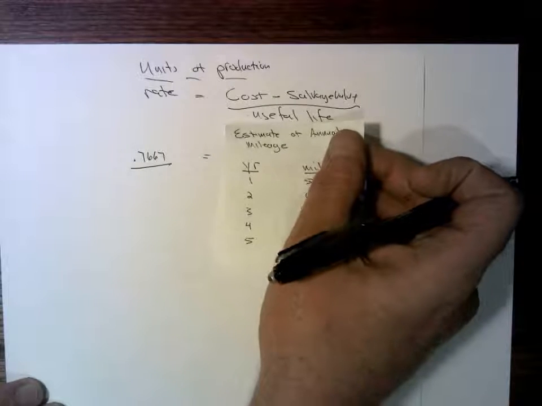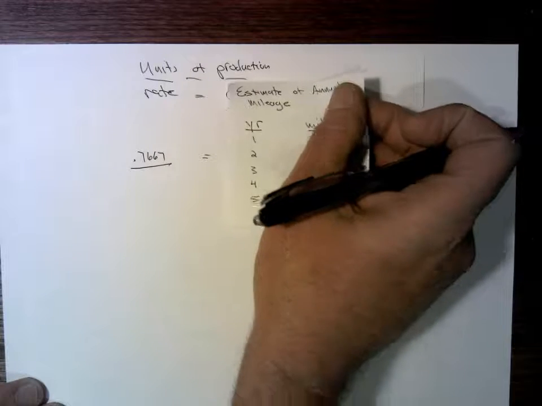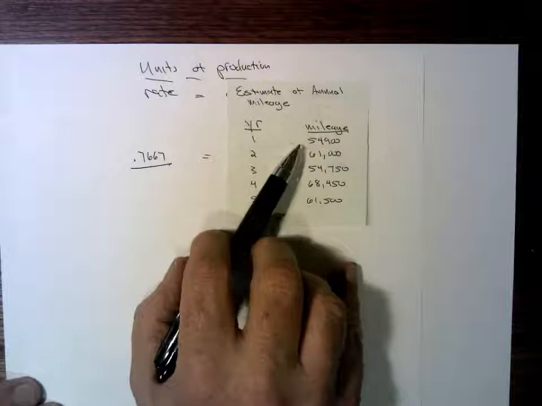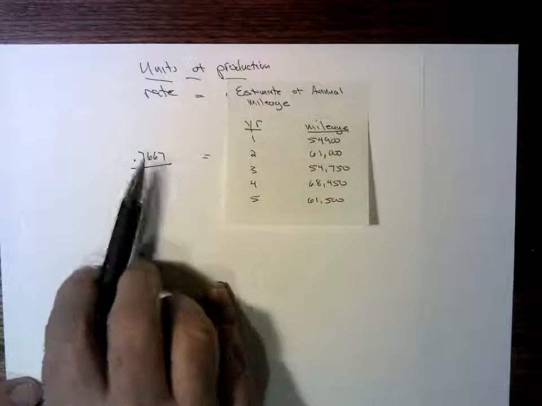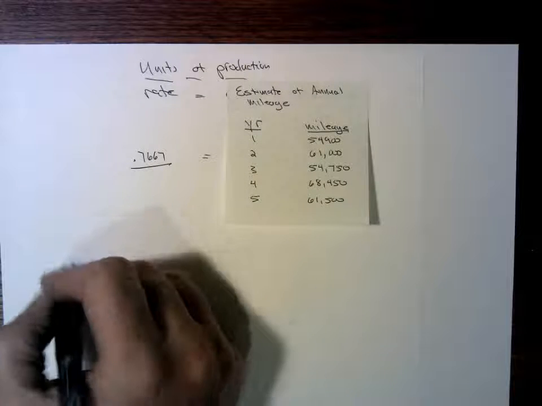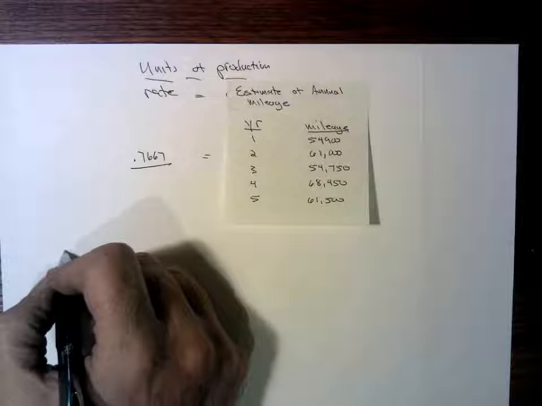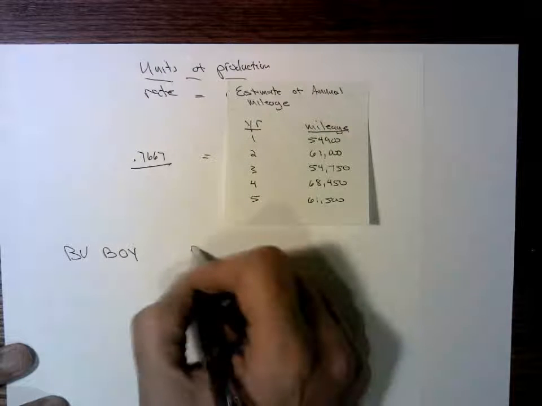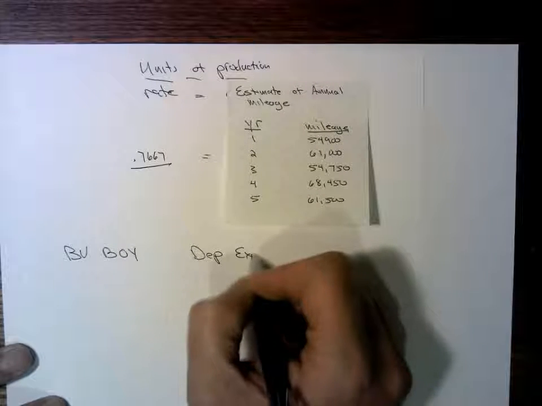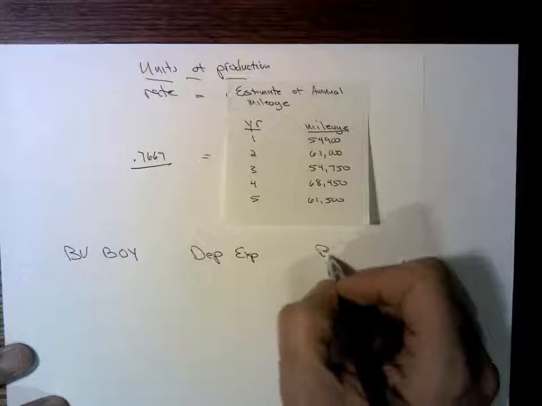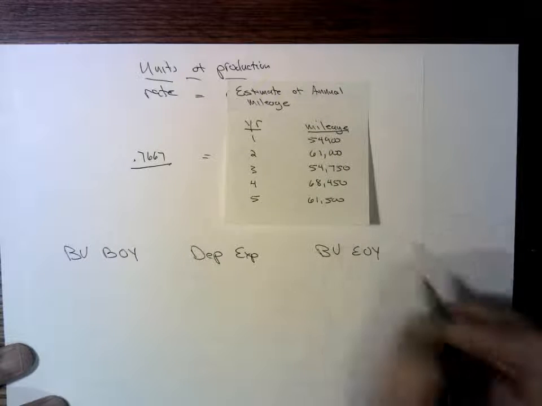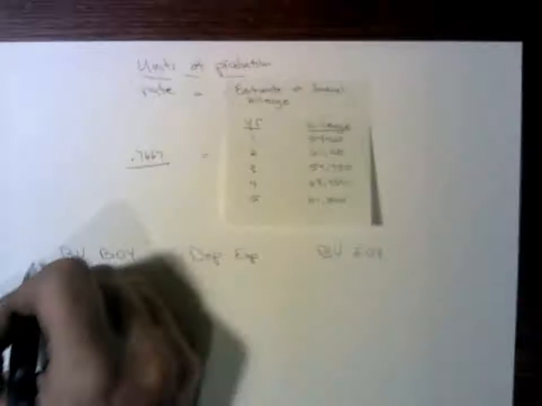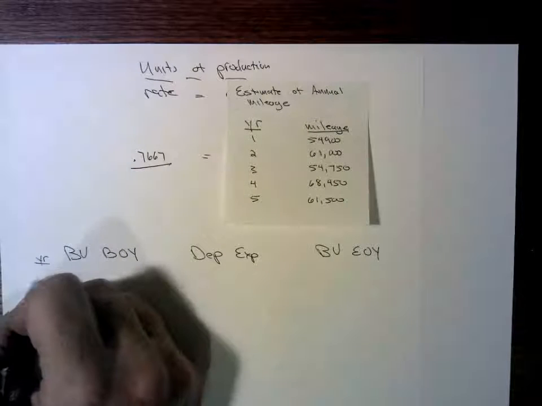Here are our estimates for the mileage we're going to drive every year, and there's our rate per mile. So we have our same table that we've built before: book value at the beginning of the year, depreciation expense, and book value at the end of the year. Each year we're going to do it.